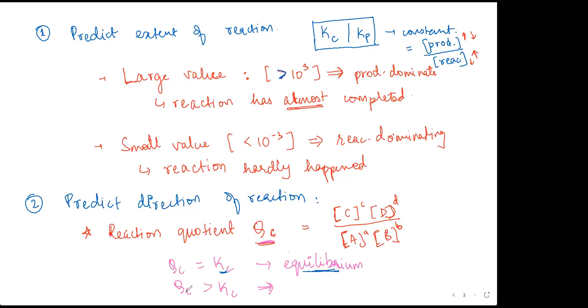QC greater than Kc means the concentration of the products, the numerator, is relatively high, higher than at equilibrium, which means that more products are there in the reaction mixture than there are reactants.